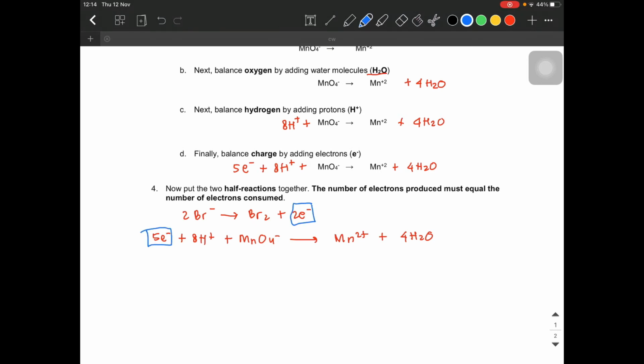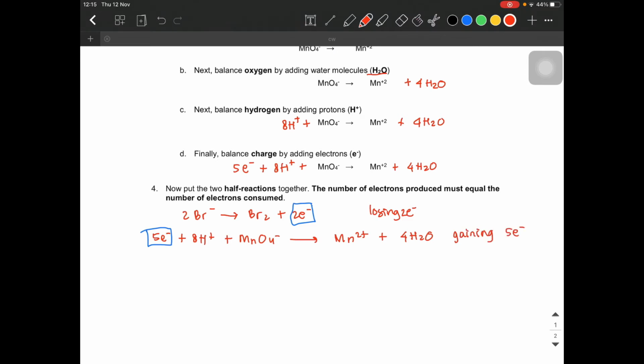It means that in the first half equation, the bromide is losing 2 electrons, while in the second half equation, the manganese is gaining 5 electrons.